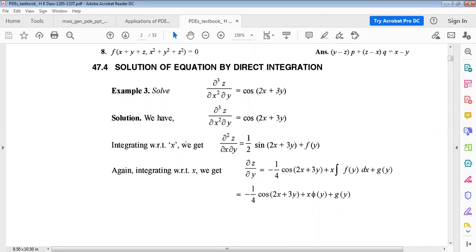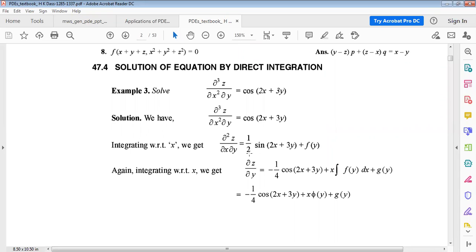Now integrating with respect to x on both sides. This will be del square z by del x del y, as one del x decreases due to integration, and this equals, cos x integration gives sine x, then dividing by the coefficient of x, which is 2.